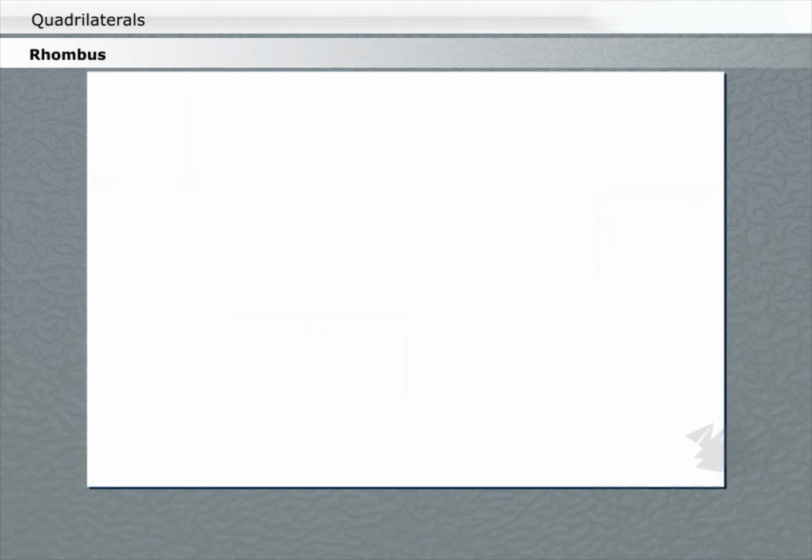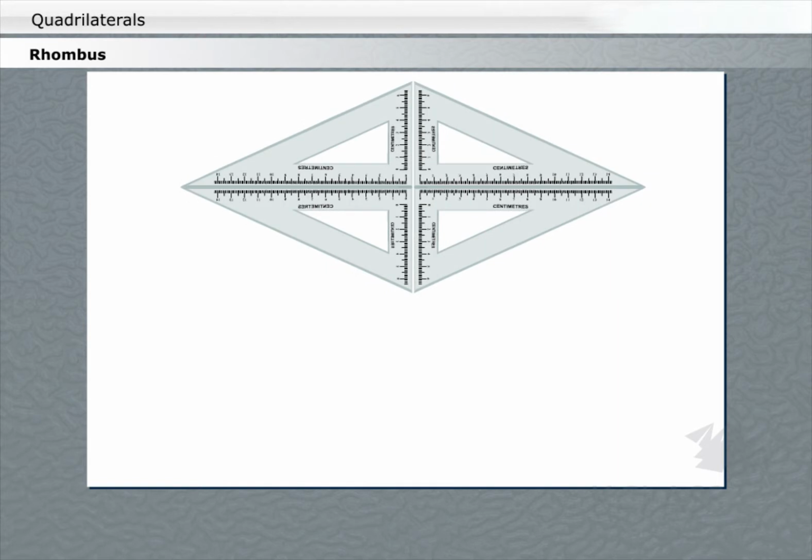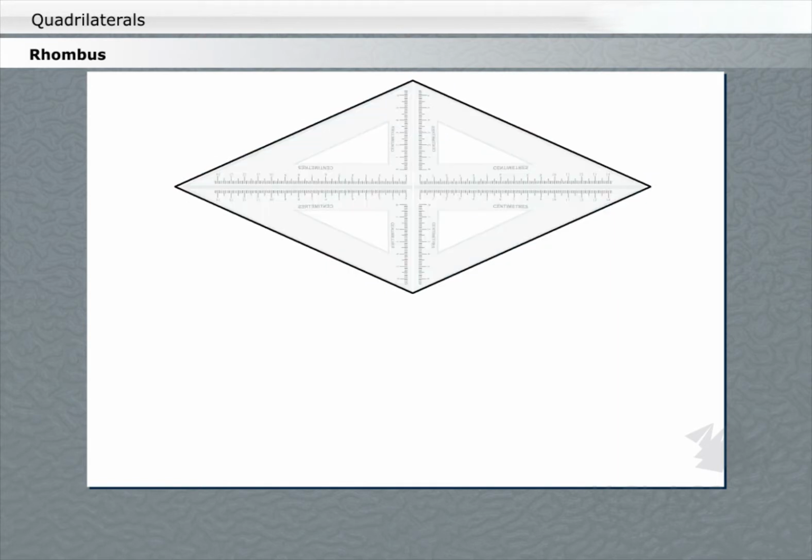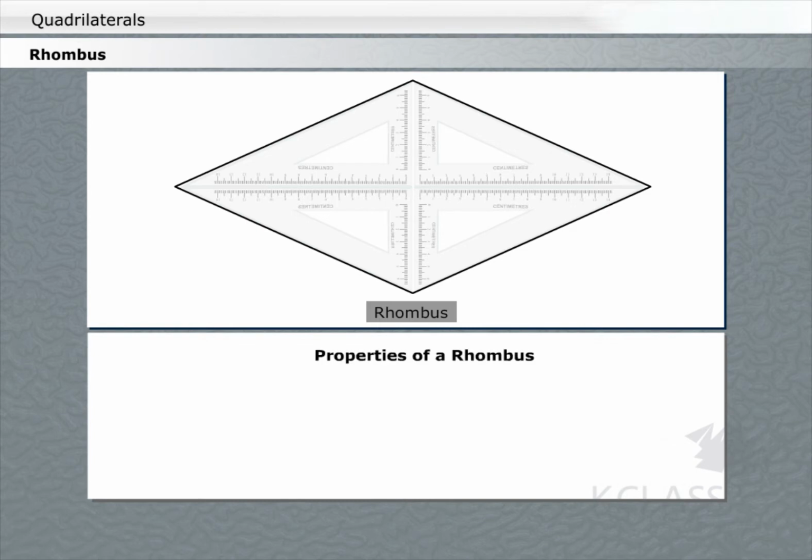Observe this. You can see that 4 set squares can also be used to form quadrilaterals. The figure that is outlined by these 4 set squares is a rhombus. Let us explore the properties of a rhombus with the help of this figure. Observe that all the sides of a rhombus are equal in length.